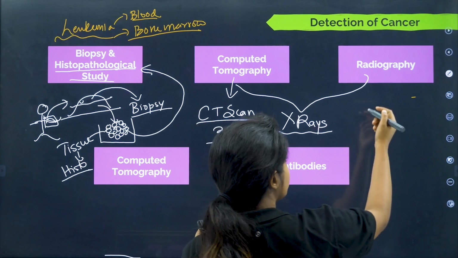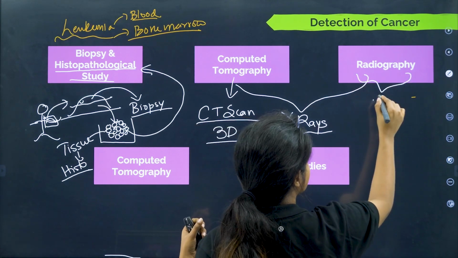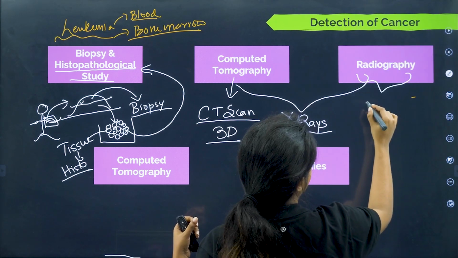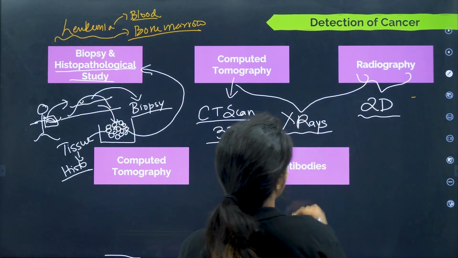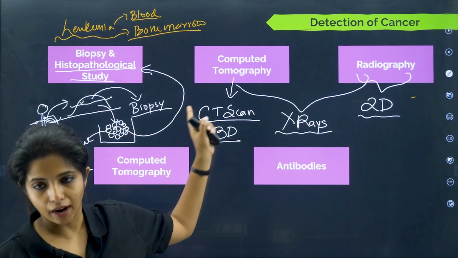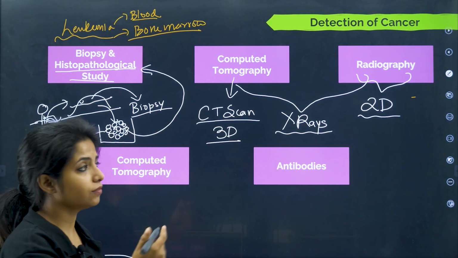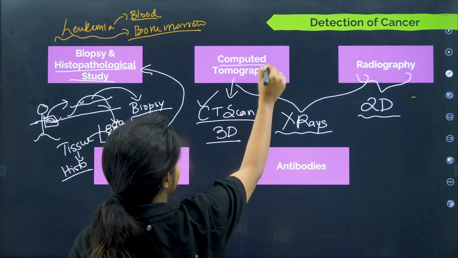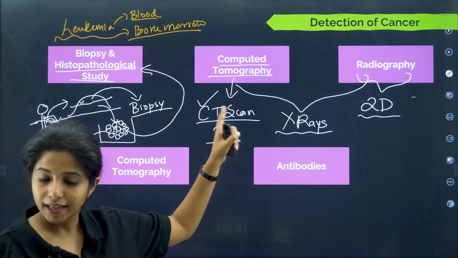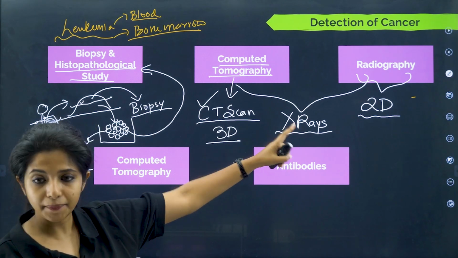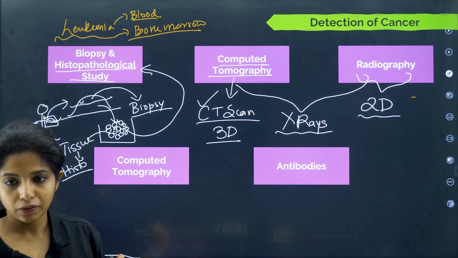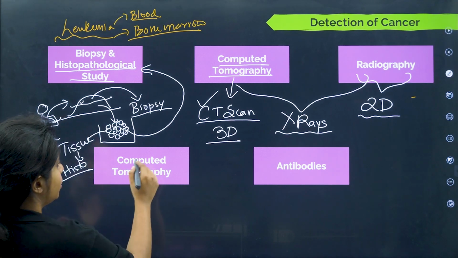But radiography, just X-rays, is going to give you a 2D image of the same. So CT would be more reliable for having a better understanding of things. X-rays are used in both, but a 3D image is obtained in one, whereas 2D is obtained in the other. Fine.